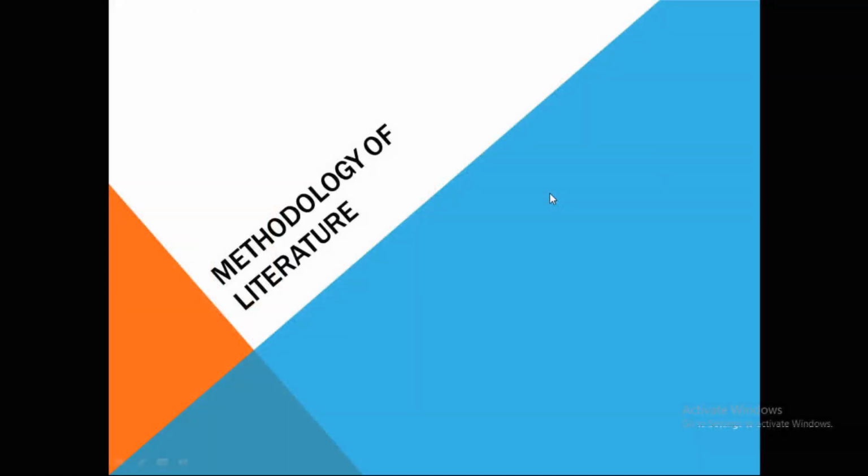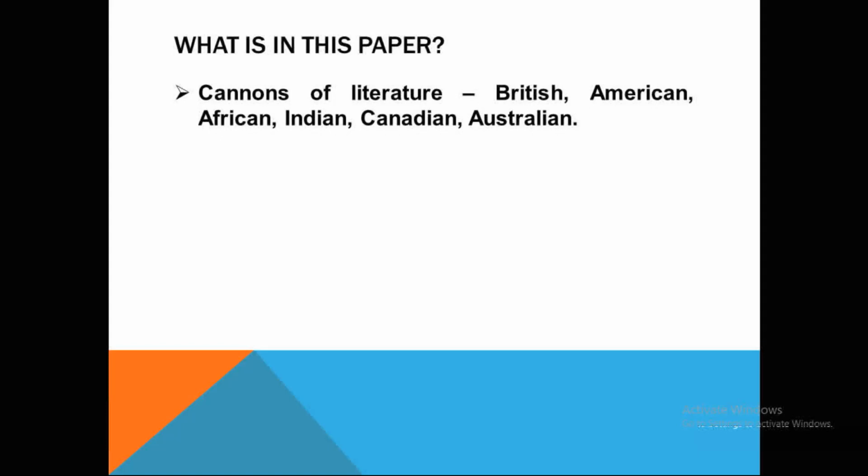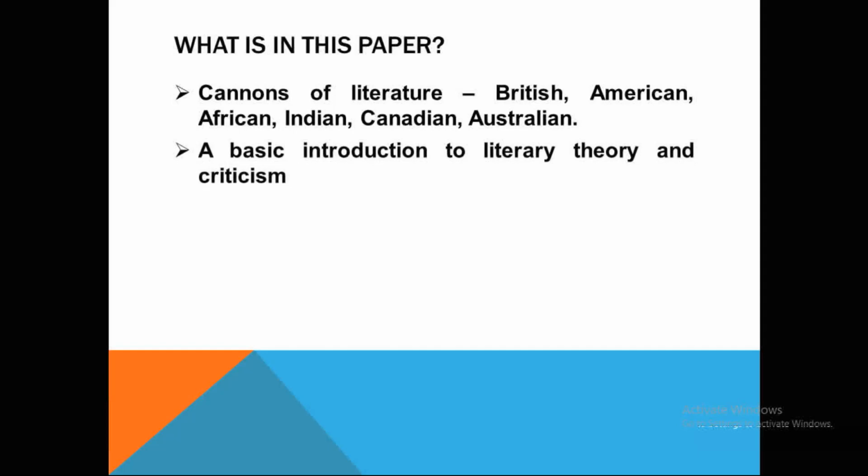It's a paper that has a vivid range of subjects in it, starting with the canons of literature, the British canon, the African canon, American, and all these different historical details of English literature, as well as the different theoretical schools and criticism, giving a basic introduction to these theory and criticism, that is, the approaches in analyzing literature.